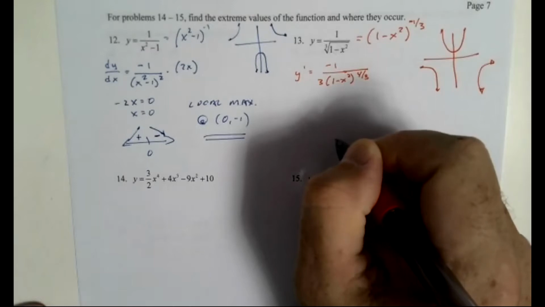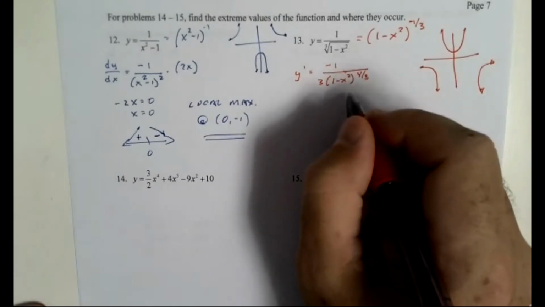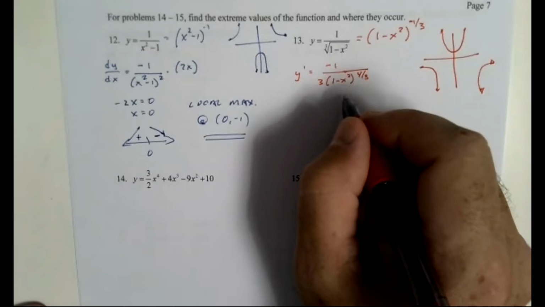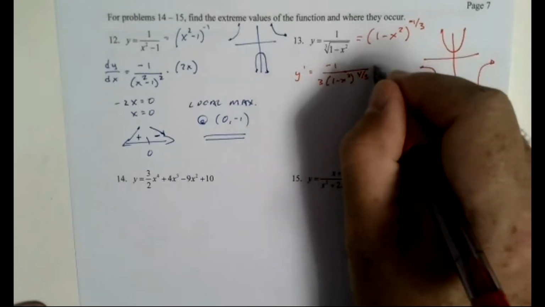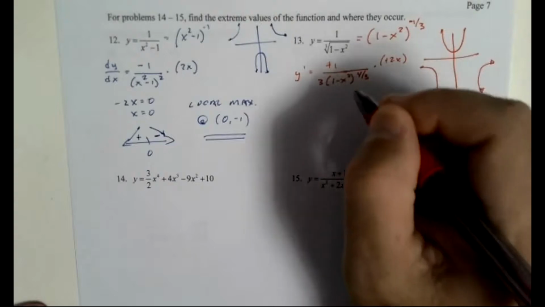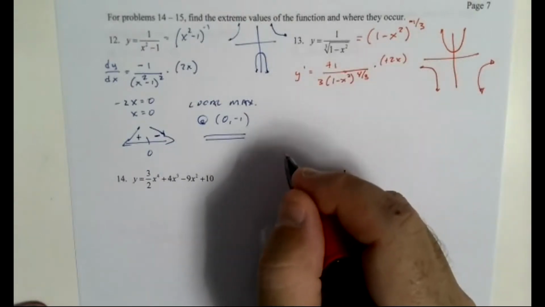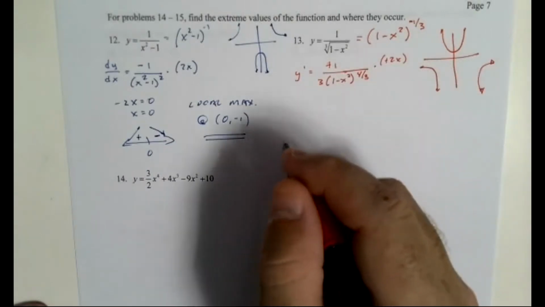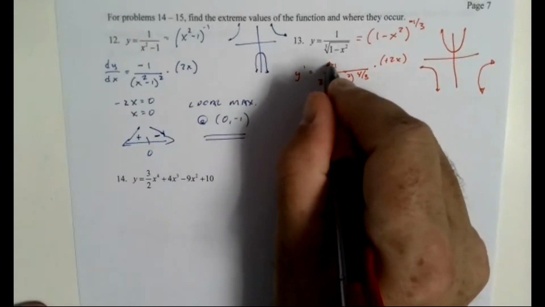I got to think about this for a minute. Negative 4/3, bring it down, it's 4/3. Subtract 1. Yeah, that's right. Times negative 2x. So they cancel out. We're left with a positive. And my answer key has lots of mistakes in it.